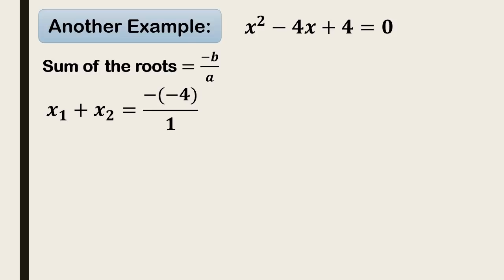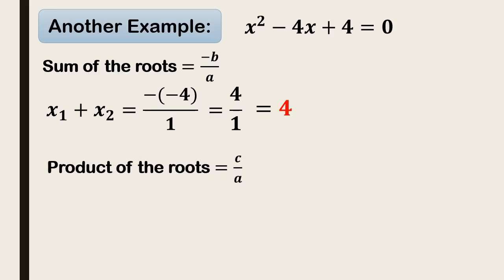The value for b is negative 4. So, let's put negative 4 over the value for a, which is 1. Let's simplify first the numerator. Negative times negative 4 is equal to 4 over 1. Now, let's divide 4 divided by 1. So, the answer is 4.